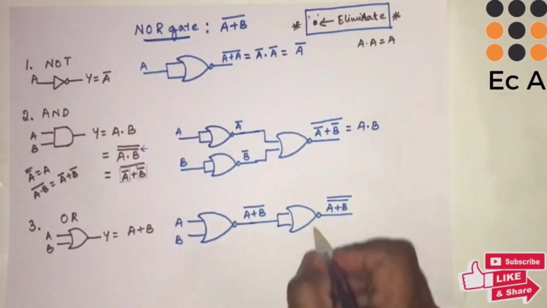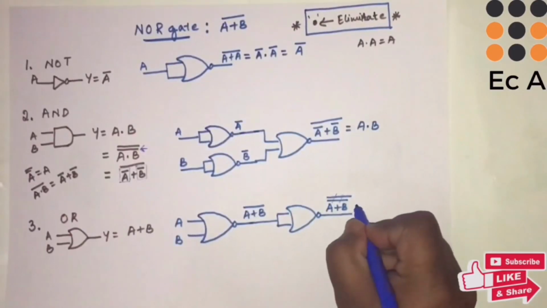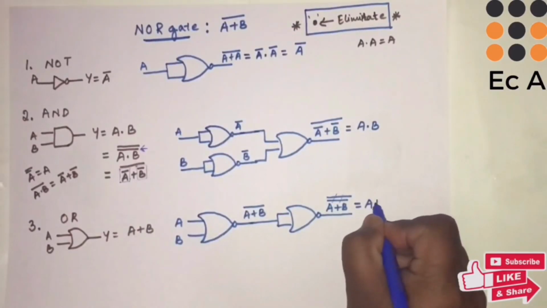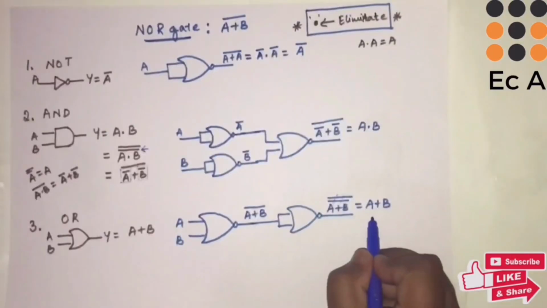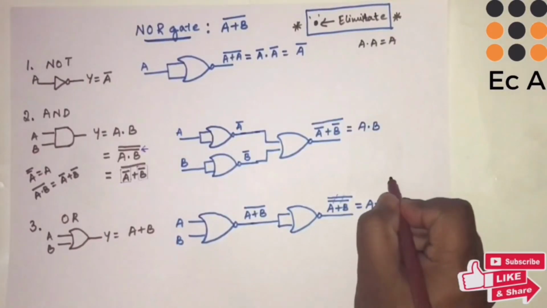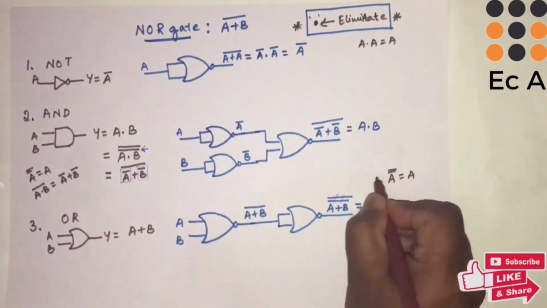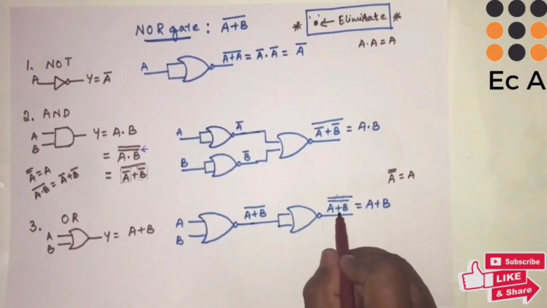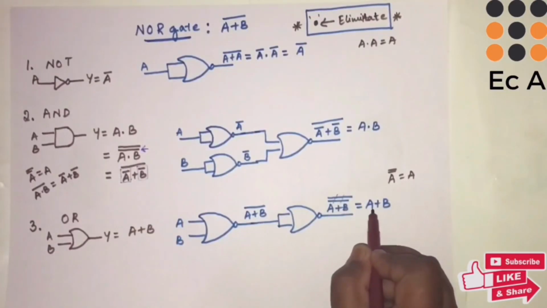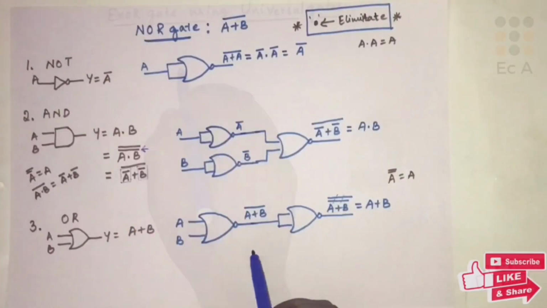So double bar will cancel out and we will be left out with only A plus B. This is from the analysis A double bar is nothing but A. So using the same analysis we can write A plus B whole double bar is nothing but A plus B. Hope you have understood this topic.